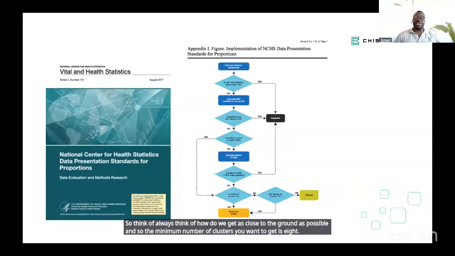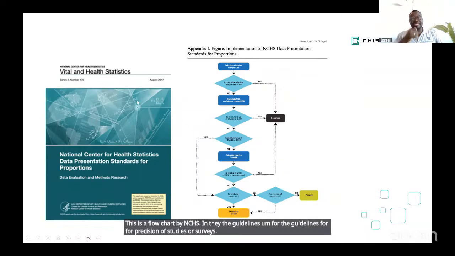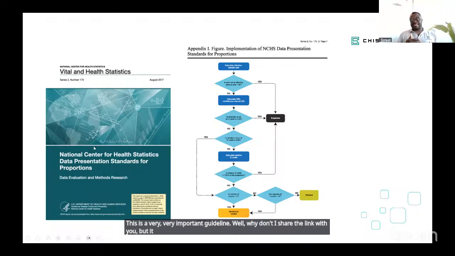This is a flow chart by NCHS in the guidelines for precision of studies or surveys. This is a very, very important guideline. We're going to share the link with you, but it sets forward the standards that we expect to follow when we're designing, or analyzing data from national surveys.